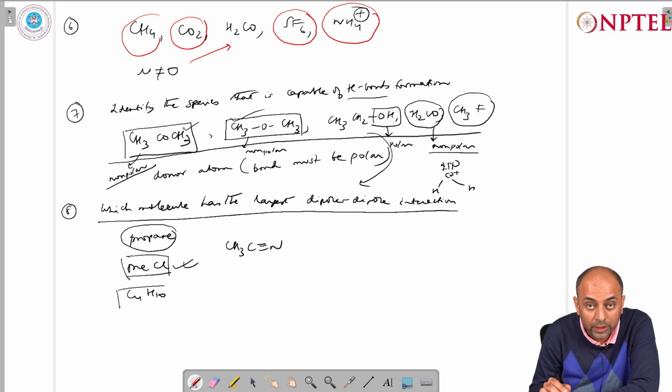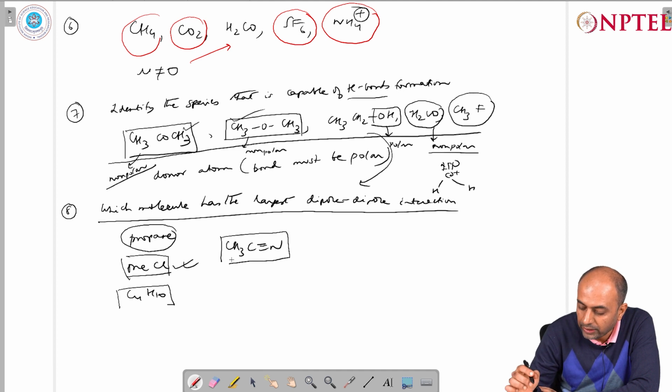This is again butane, non-polar species, dispersive interactions, pure van der Waals interactions, and methyl cyanide, or acetonitrile, an organic solvent, which has got a large dipole moment because there is a highly polarized cyano group. So mu is not equal to 0 here, mu is not equal to 0 here.